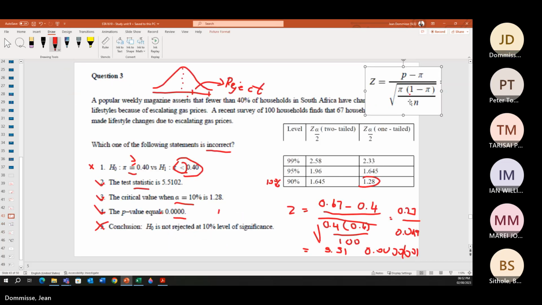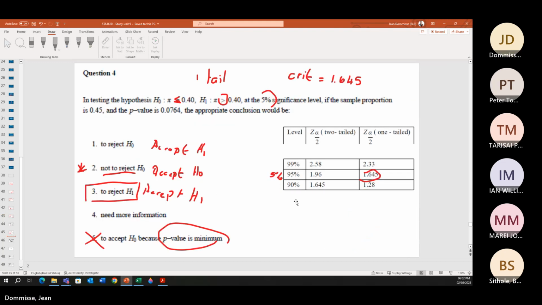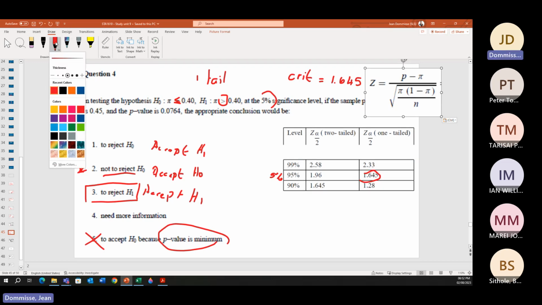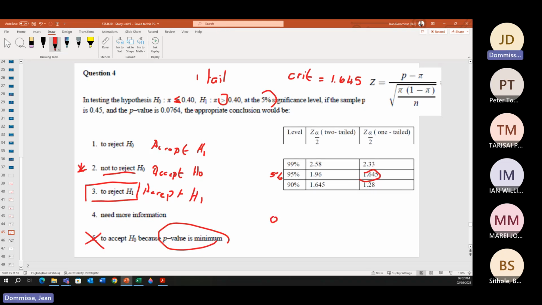I'm going to use that again. Okay, so we've got 0.45 minus 0.4.